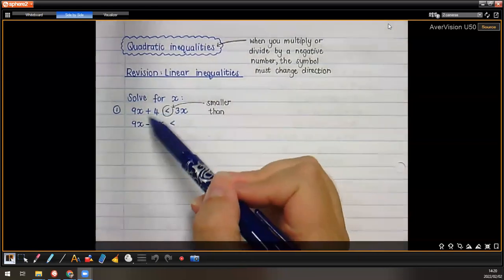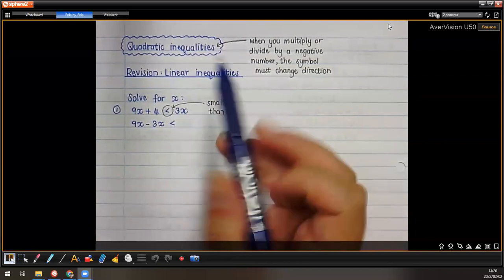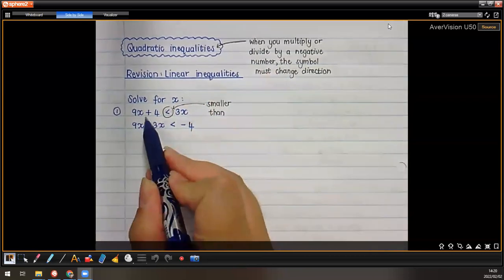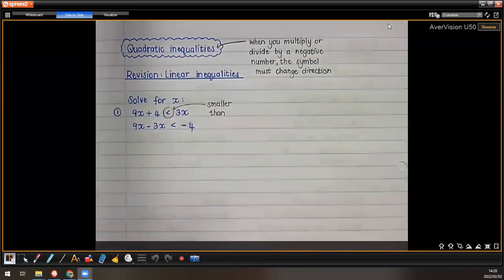What's going to happen with this plus 4? When I move it, it becomes negative 4. Essentially, I am subtracting 4 from that side and from that side. So I'm not multiplying or dividing by a negative number. I'm working with negatives, yes, but I don't want you to think that whenever you put a minus there, you must change the sign.